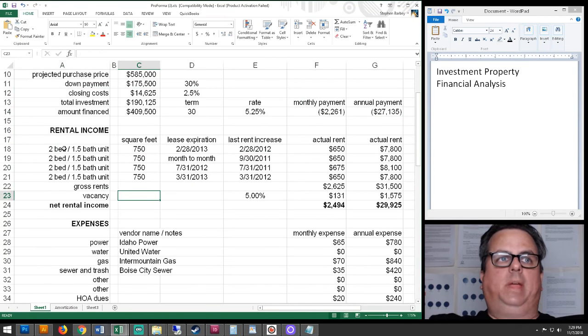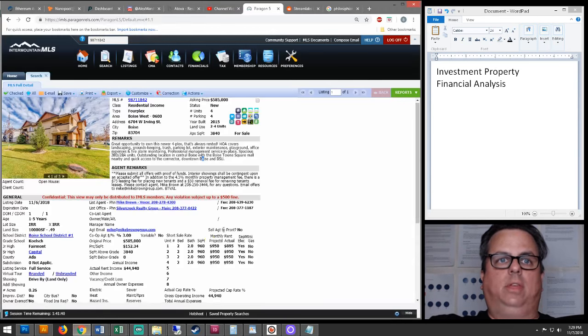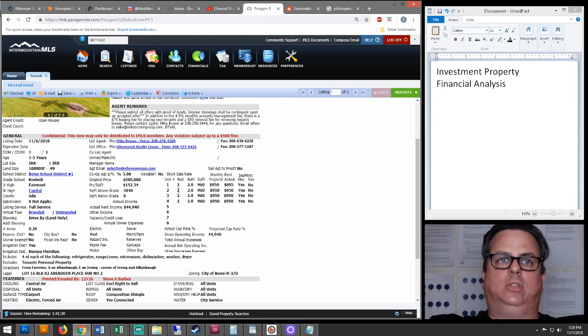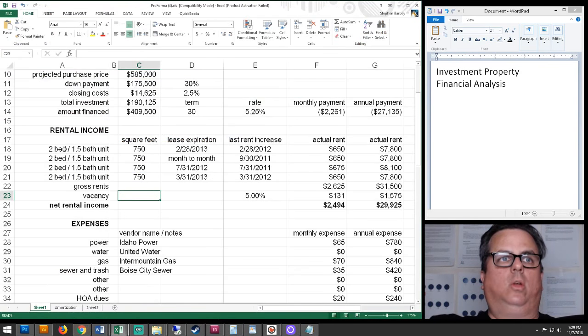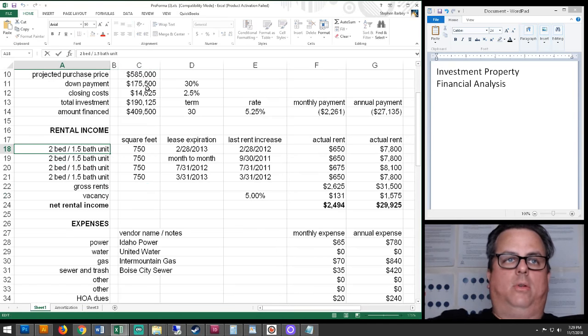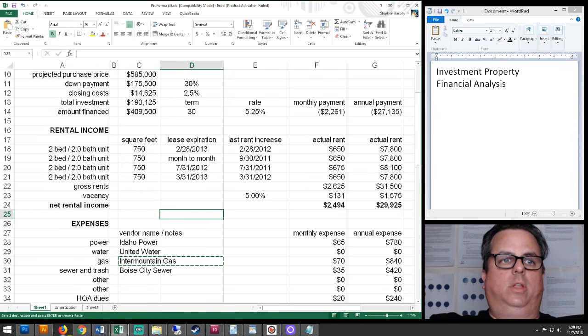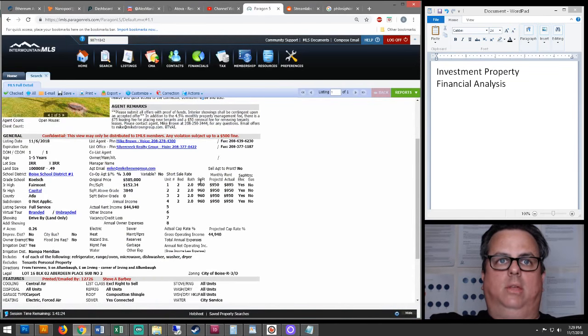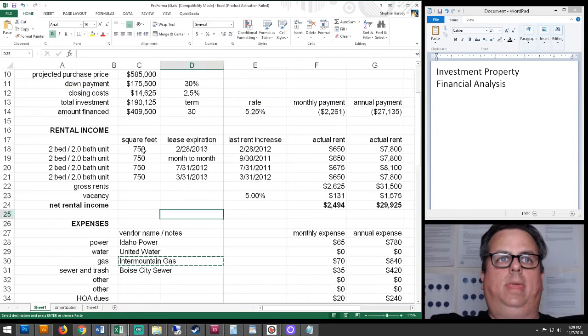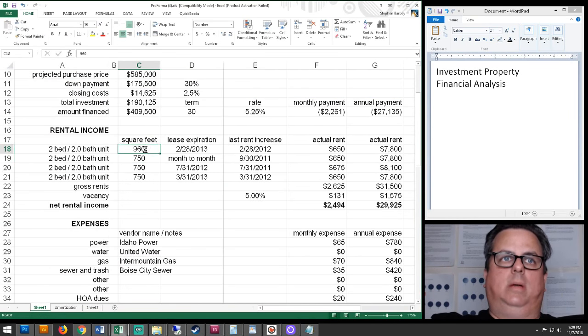So first we have the units. Let's go back here and see that they're all 2-bed, 2-bath, 2-bed, 2-bath, 2-bed, 2-bath. So we can fix that really quick and just say that they're all 2-bed, 2-bath units. And I'll just copy and paste that down. And then square footage on the units is 960 square feet. They're all the same. That makes our job easy.